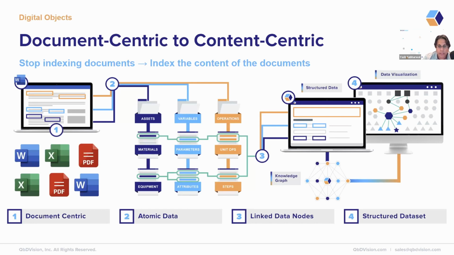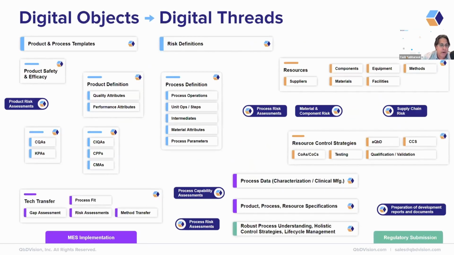So now you're starting to build traceability, and this is really the foundation of creating a structured data set. So again, not indexing documents, but indexing the content, and leveraging that to build a structured data set, which then is your platform to move forward into the automations that are capable with that. So now if we come back to our universe of CMC information, we see that we can manage all of these different pieces of information, instead of using spreadsheets and Word documents, as digital objects.